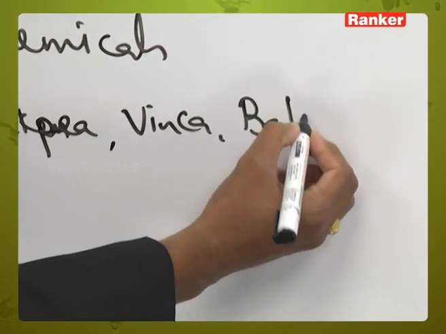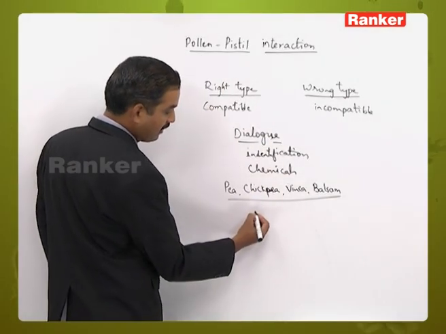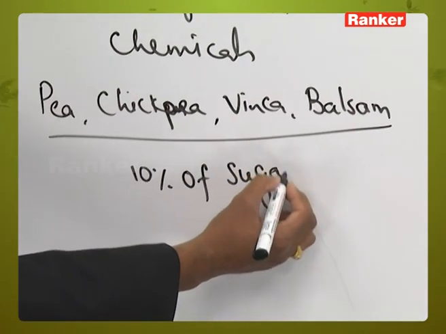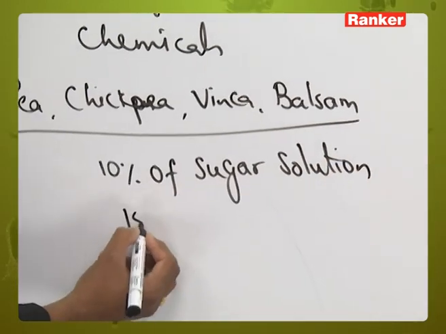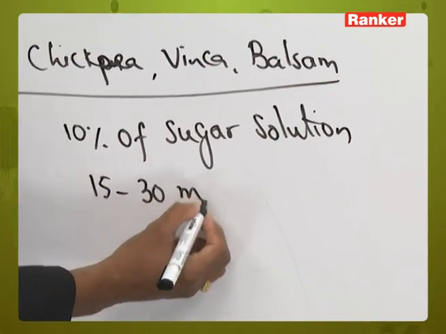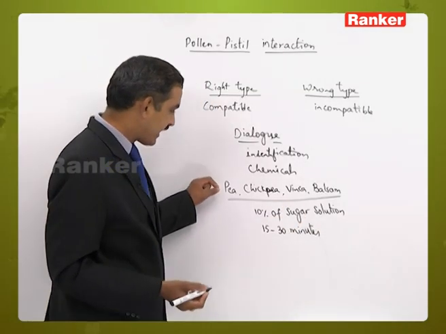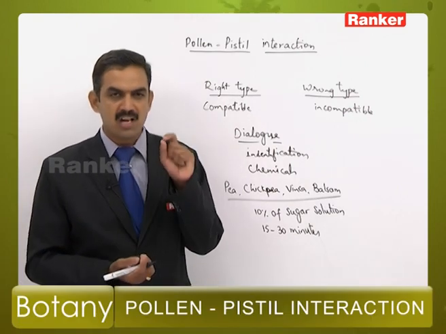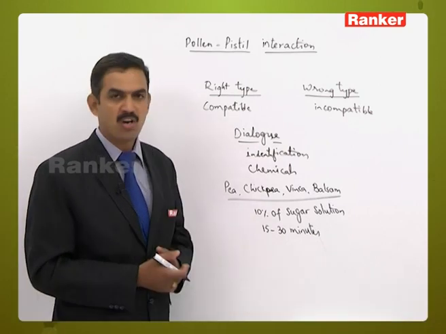If we collect the pollen grains of these plants and put them in a 10% sugar solution for about 15 to 30 minutes, we can gradually observe that the pollen grains start producing a tube-like structure. That is called a pollen tube.